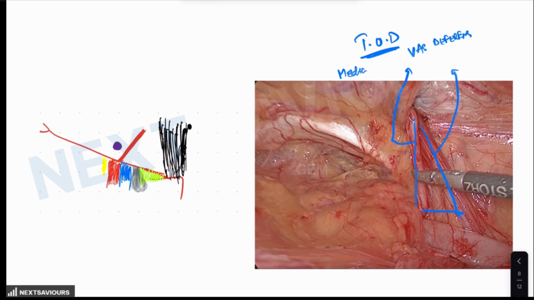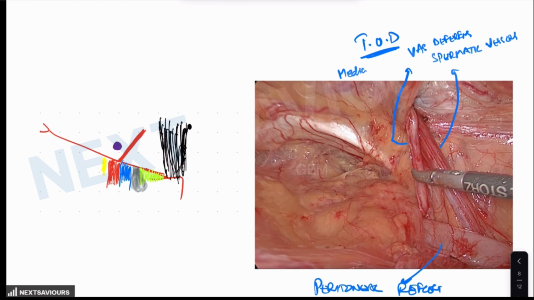On the lateral aspect, we have the spermatic or gonadal vessels. And the base of the triangle is formed by the peritoneal reflection. Why is it called the triangle of doom? Here, the major vessels are crossing, the iliac vessels. The external iliac vessels are just beneath this triangle.